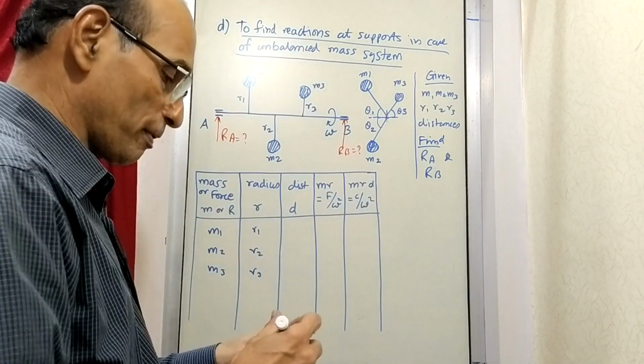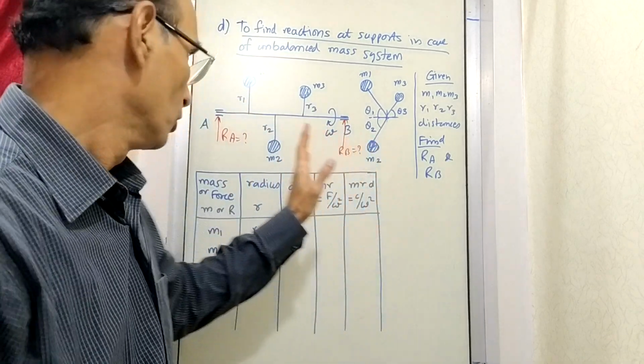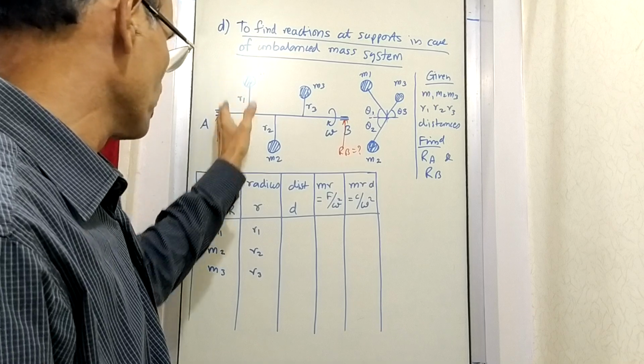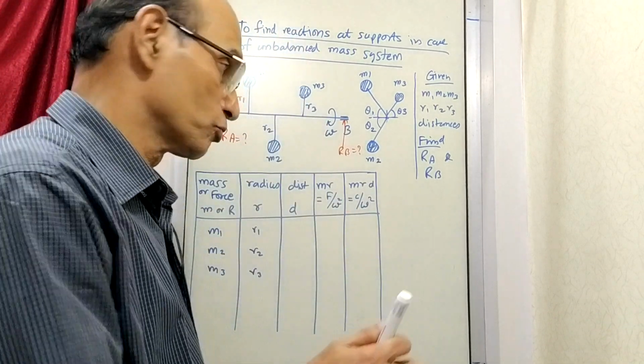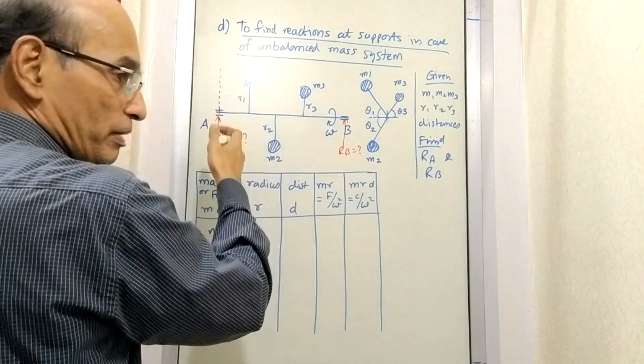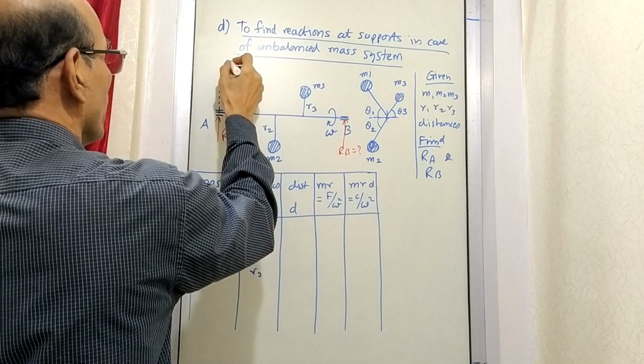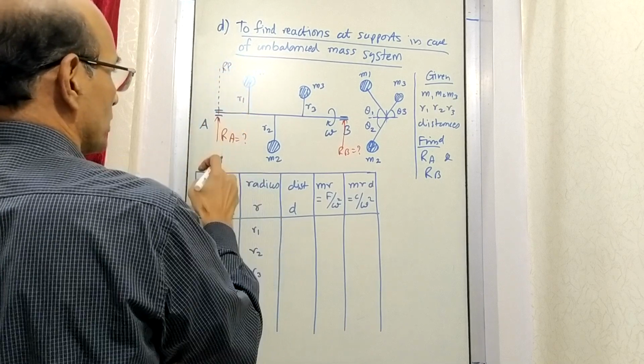what we do is, now for fixing the distance, see how we are going to solve this problem. We are making assumption about a reference plane. So for example, let us decide that a plane passing from reaction A or from bearing A is our reference plane. So this is the reference plane.